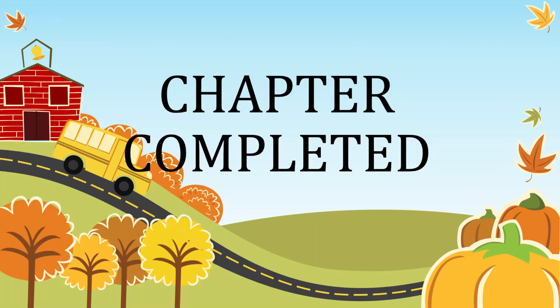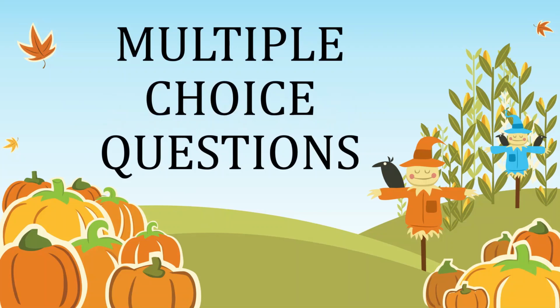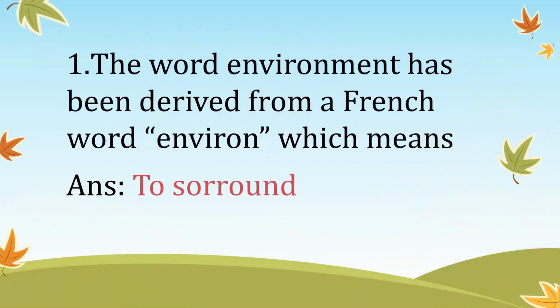Now we have completed our chapter. Brain Boat. First we are having multiple choice questions. I have provided you the question and answer of that multiple choice question. First question, the word environment has been derived from a French word environ, which means, answer is, to surround.